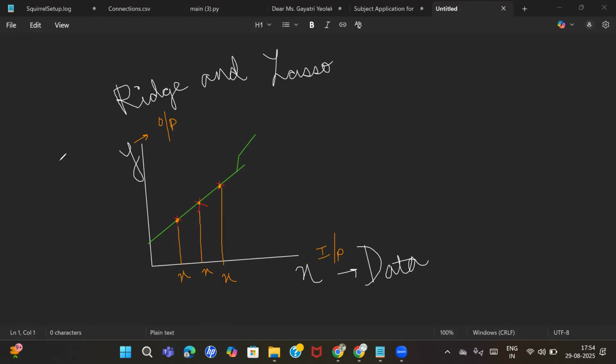So for example, we have made our model, everything is good, and now some new data point comes.